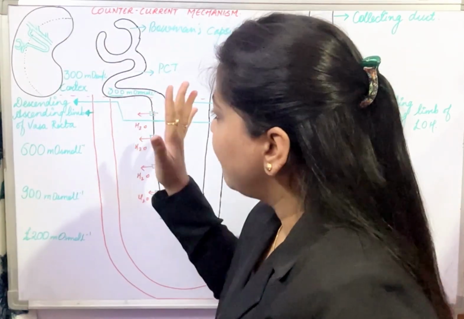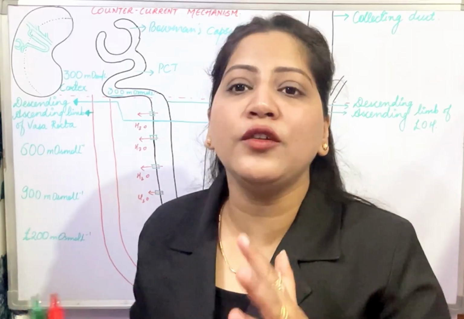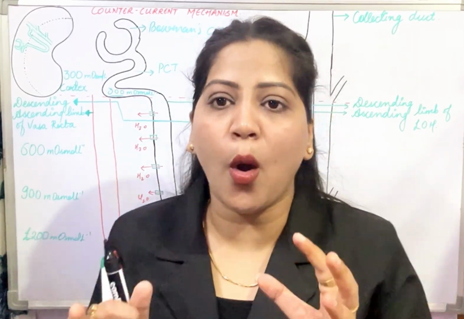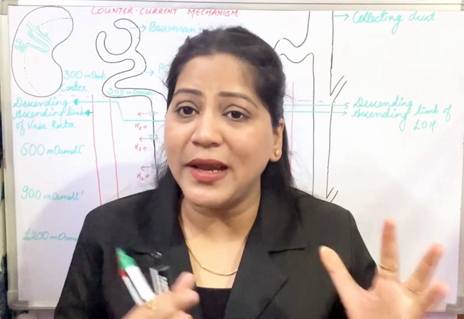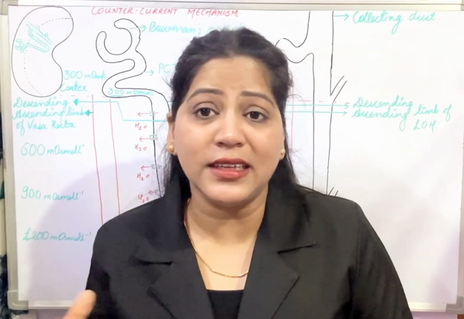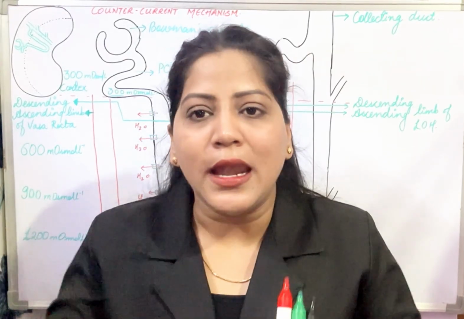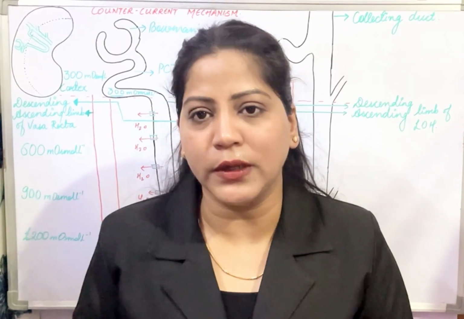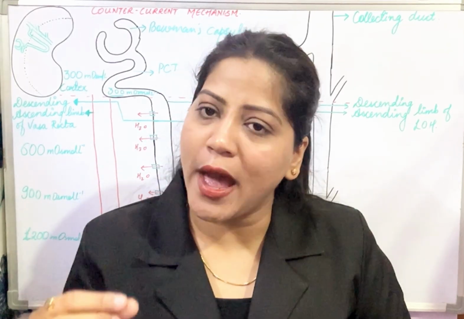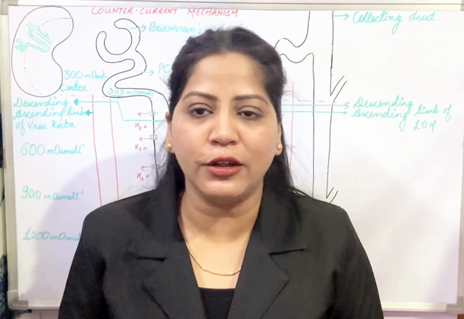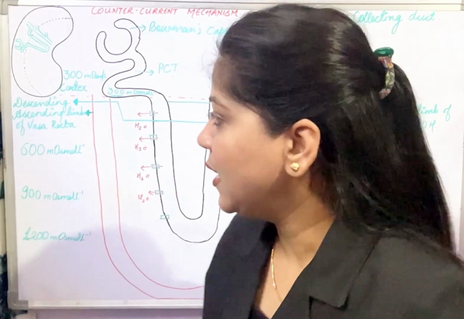Now see, the nephron lies in both regions of the kidney. The Bowman's capsule, the PCT, the DCT, and some portion of collecting duct lie in the cortical region of the kidney, whereas loop of Henle completely lies in the medullary region. Now see what is happening.